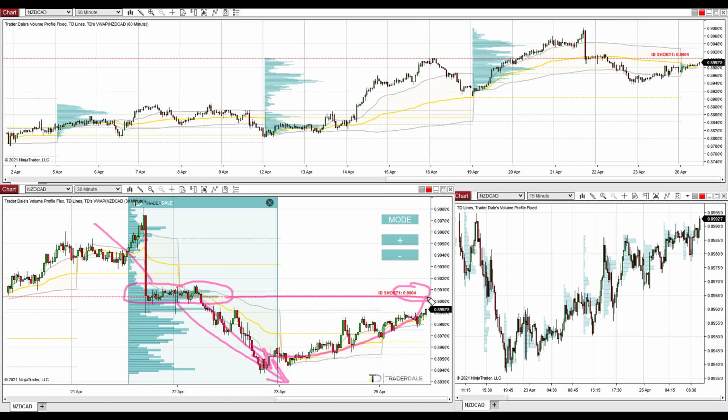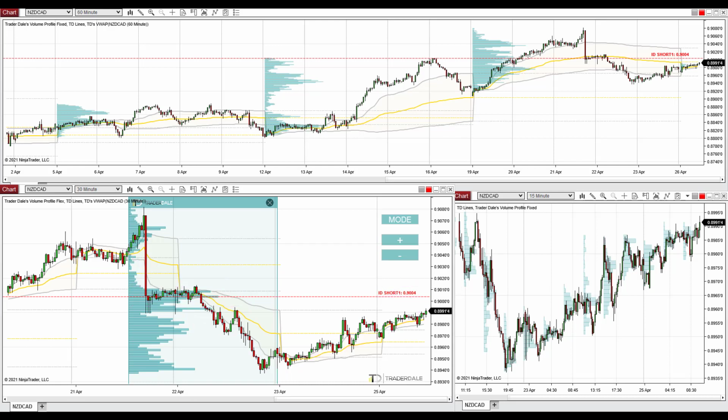Hopefully the price will reach it. And from this place, I think that the sellers who placed their shorts in here will want to push the price downwards from there again, to manipulate the price into a new sell-off, right? So this is why I think that 0.9004 is a strong day trading resistance.